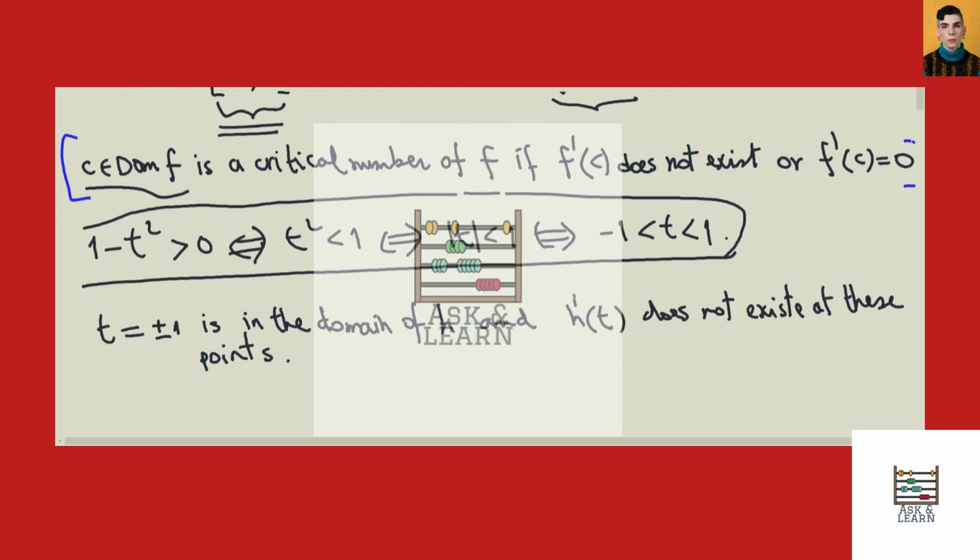And so we use the definition, and we must say that 1 and -1 are critical numbers of the function h.